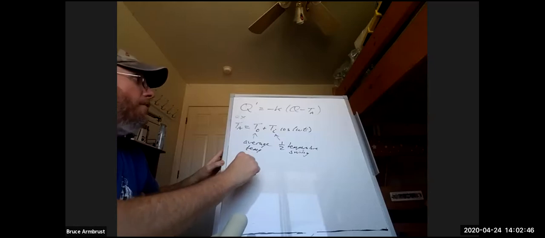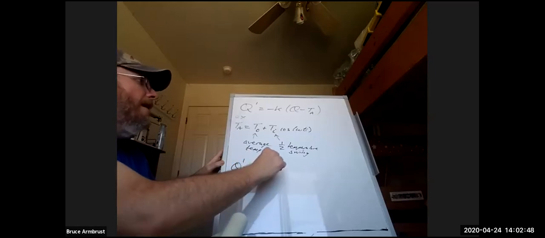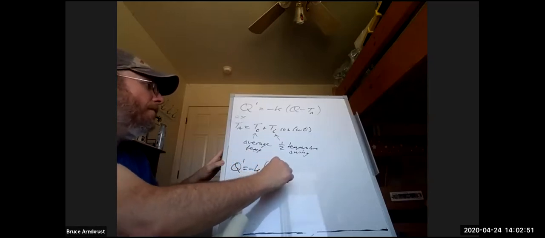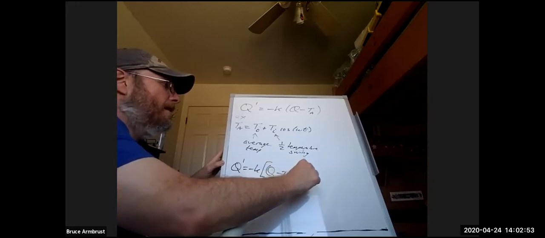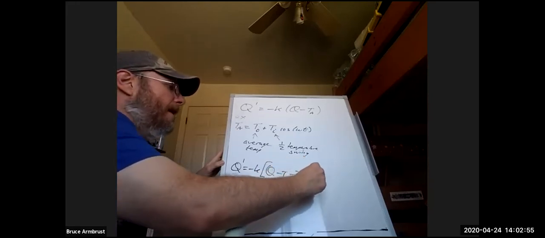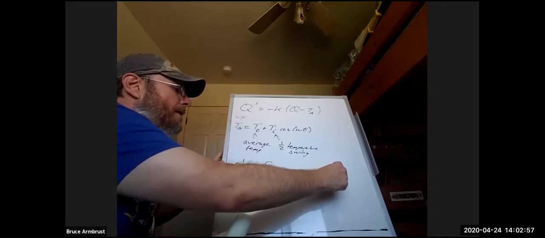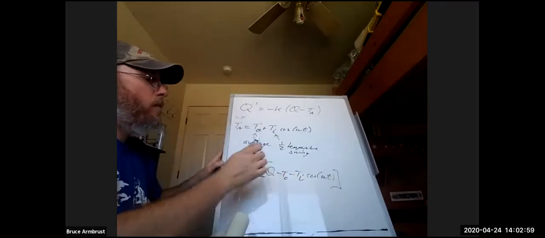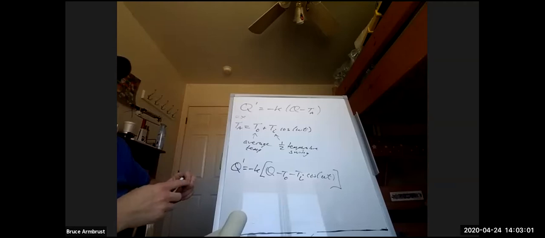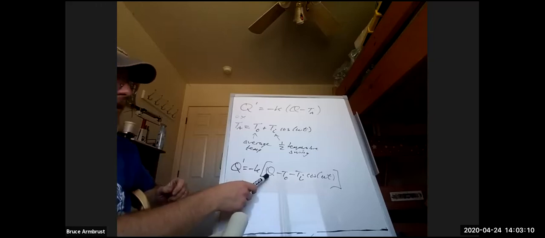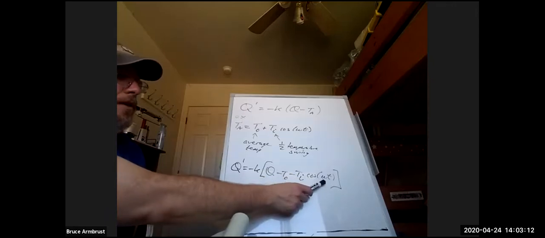Because now we've got Q prime equals minus K times Q minus T naught minus TI cosine of omega T. And this isn't separable anymore. This Q with the cosine of T, we're never going to be able to split those two apart.